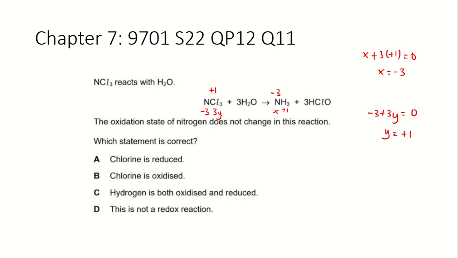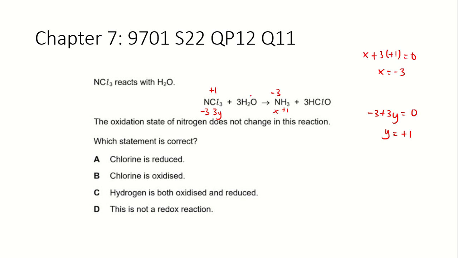Now, why does chlorine not have a negative oxidation number? Because if you compare nitrogen and chlorine, nitrogen is more electronegative. So nitrogen is the one with the negative oxidation state, and chlorine, the less electronegative one, will have a positive oxidation state. So we have settled NCl3.